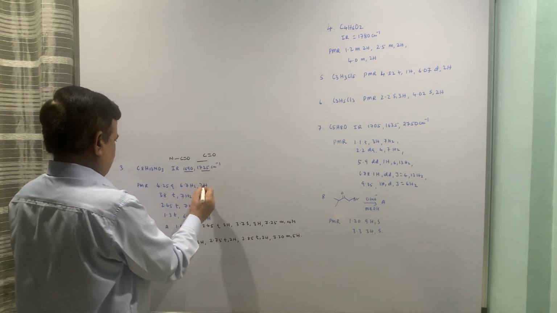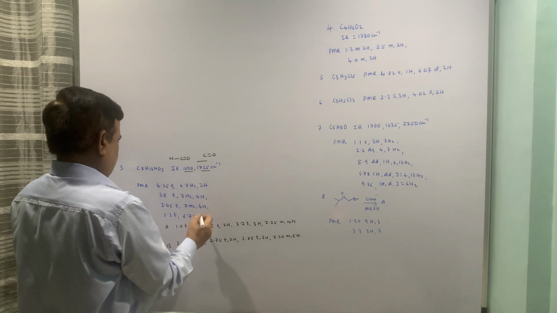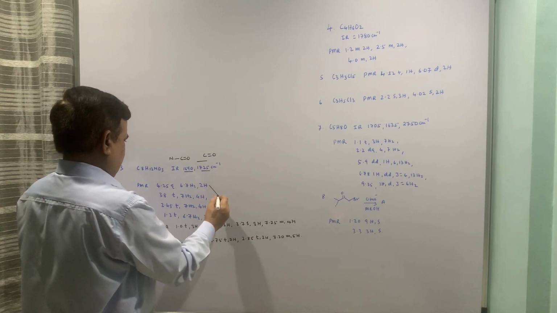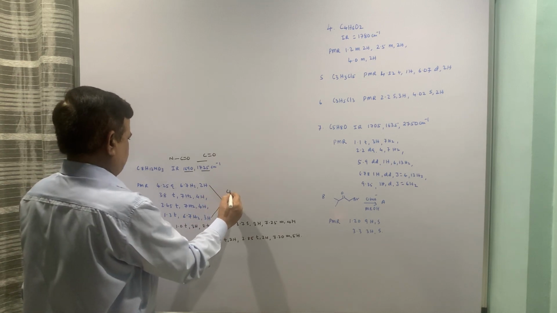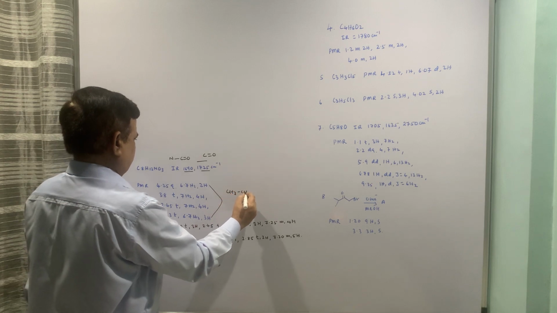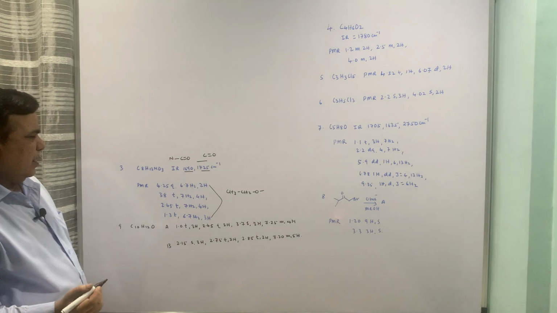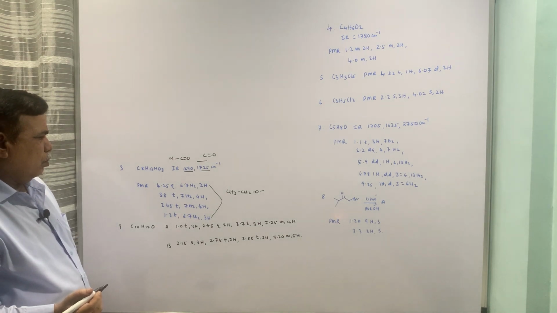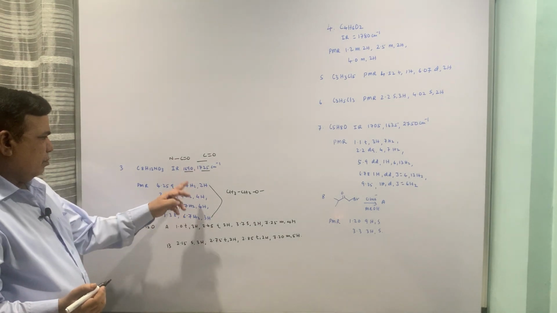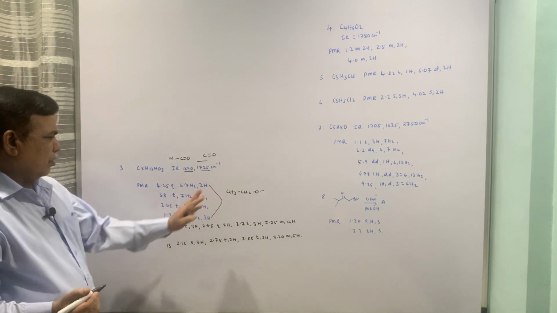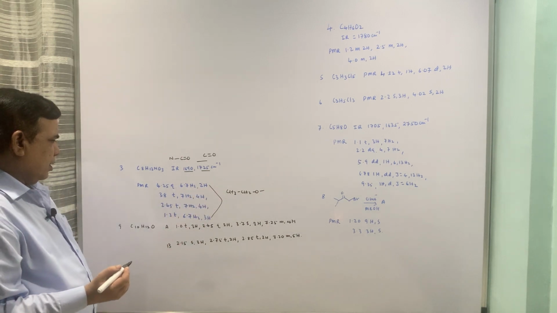Quartet 2 protons, triplet 3 protons. So this is the pair, CH3CH2O, 2 protons, 3 protons. So this is an ethoxy group.